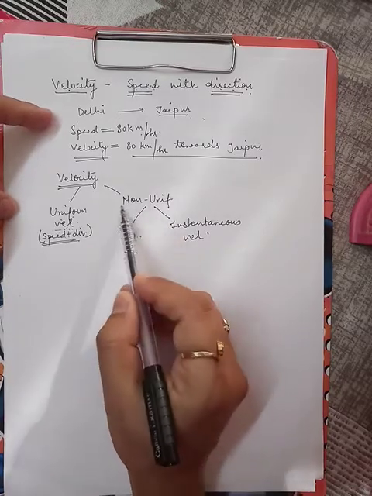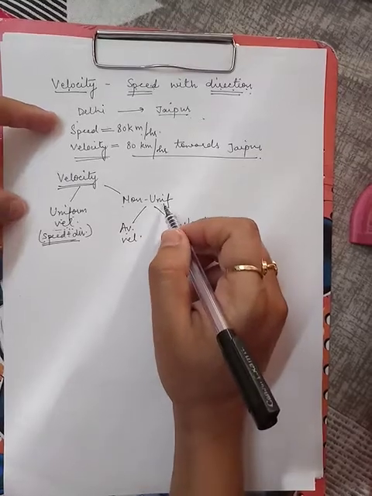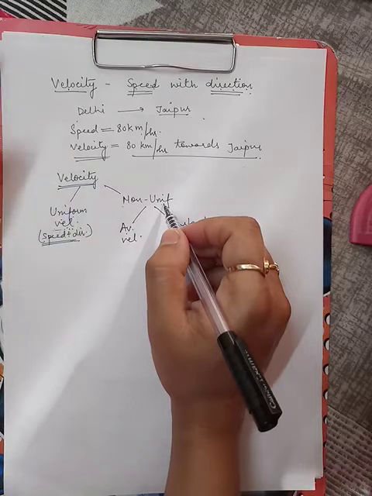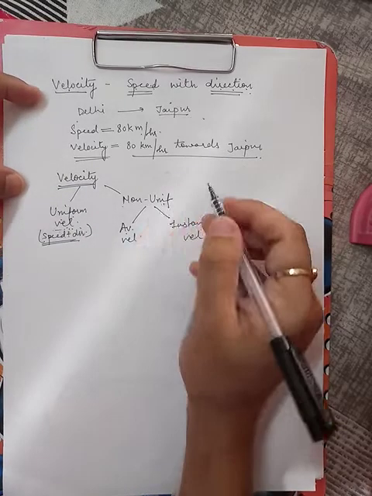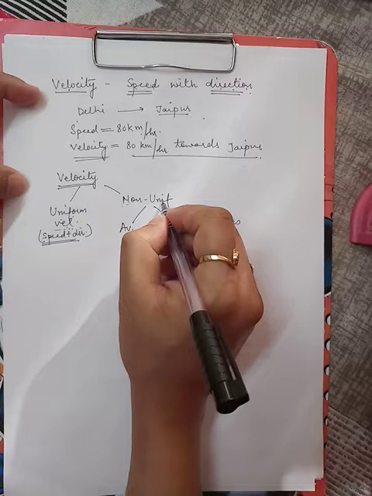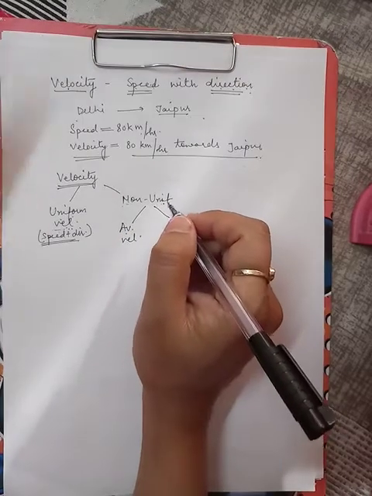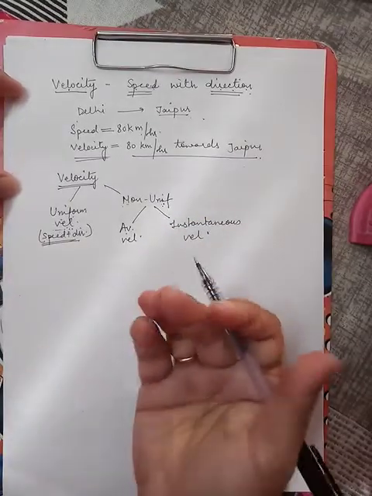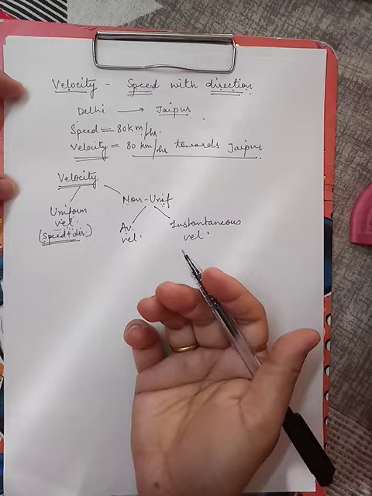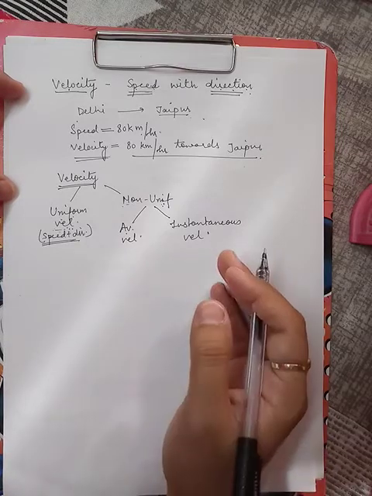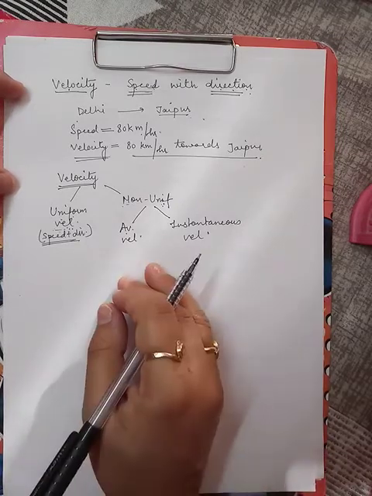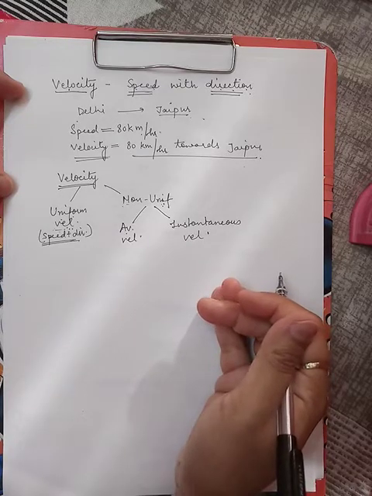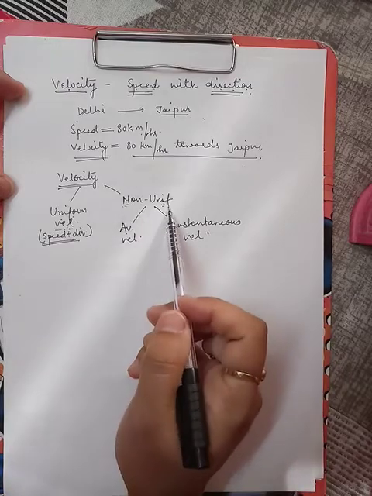Now in this case, the speed may not be the same, or the direction may not be the same, or both may not be the same. That means for non-uniform velocity, if the object is moving with a constant speed but it is changing the direction, then it is non-uniform velocity.